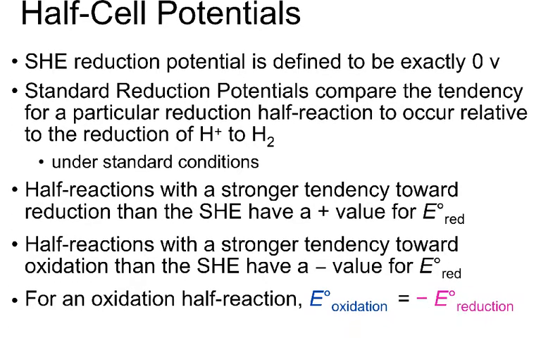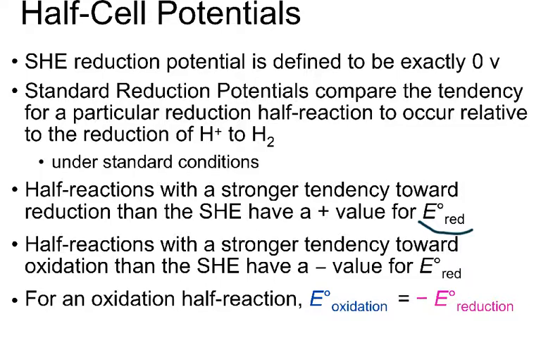Now, half cell potentials compare the tendency for a particular reduction half reaction to occur relative to the reduction of H plus to hydrogen gas under standard conditions. So half reactions with a stronger tendency towards reduction than the standard hydrogen electrode have a positive value for the reduction potential.